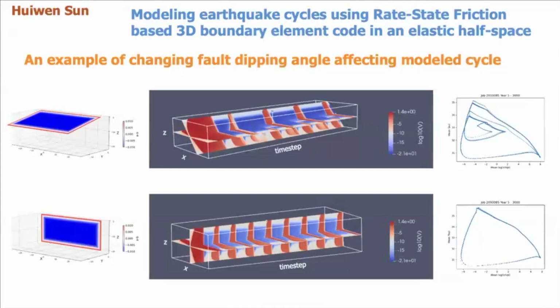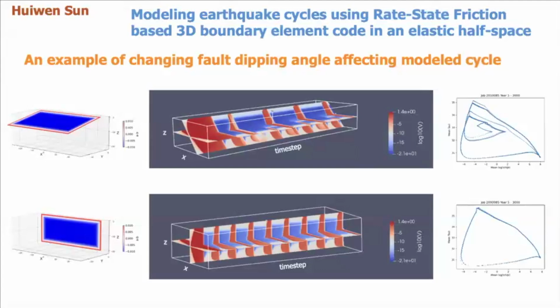The blue and the red on these two diagrams show you the A minus B value, which controls the frictional property in the rate-state friction law, and which are kept the same. The middle panel shows you the earthquake cycle. Every single red strike is a coseismic rupture, and blue is interseismic. From one end to the other is the evolution in time.